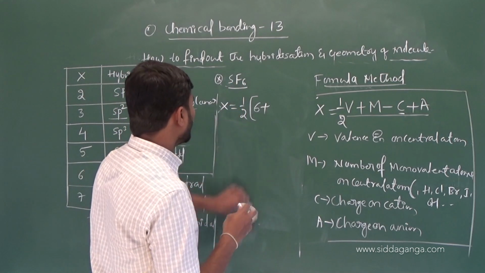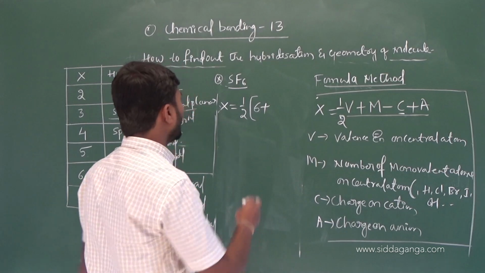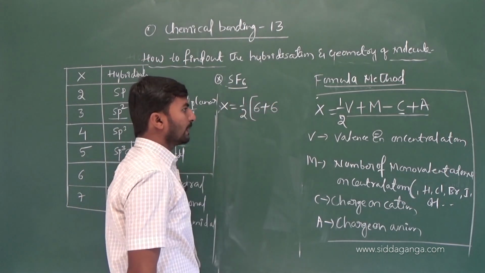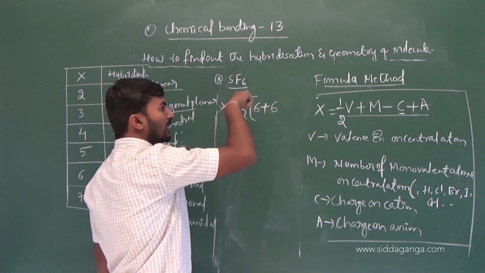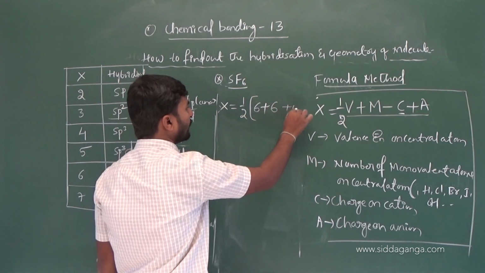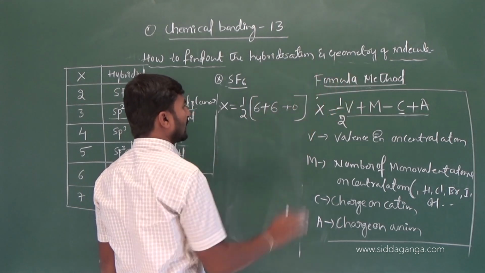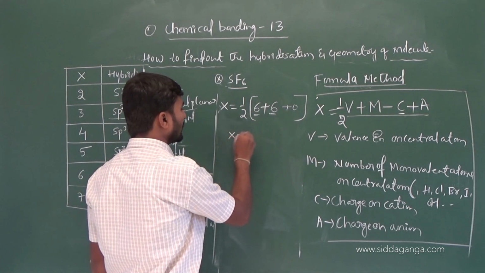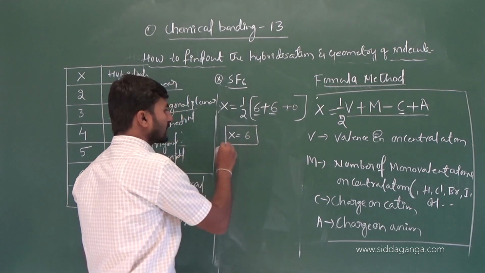Here sulfur is bonded with 6 monovalent atoms. 6 monovalent atoms, you have to count them. Being neutral in nature, with no positive or negative charges, the value of cation and anion becomes 0. Then 6 plus 6, 12 by 2 is 6. The value of x becomes 6.